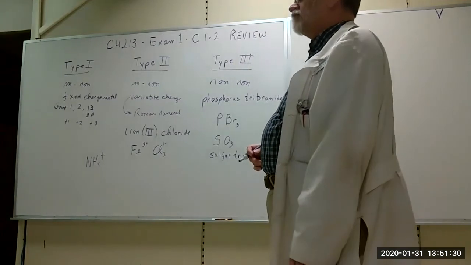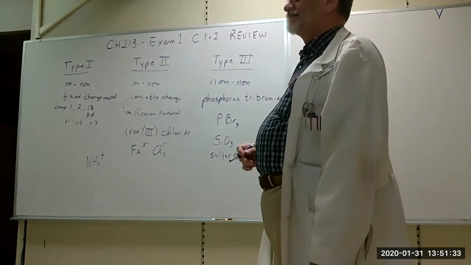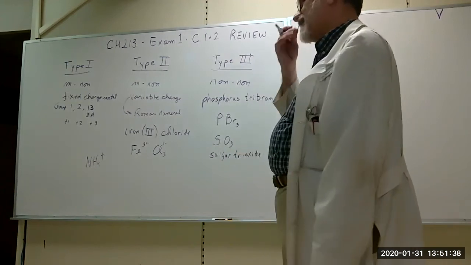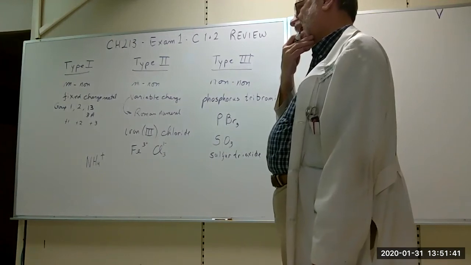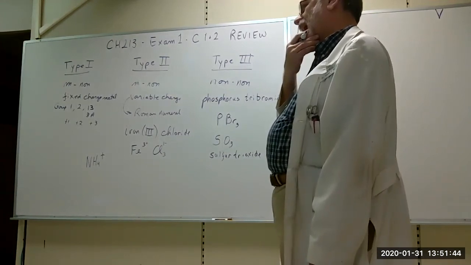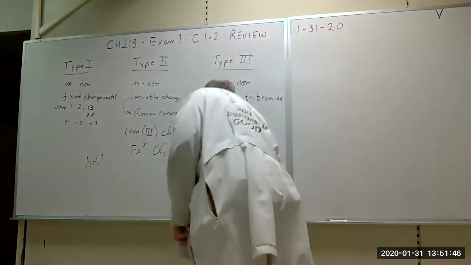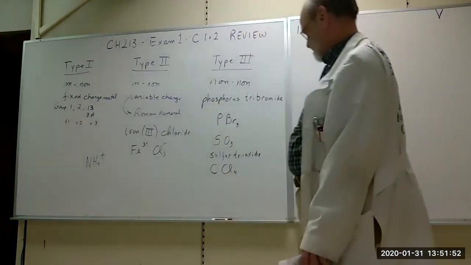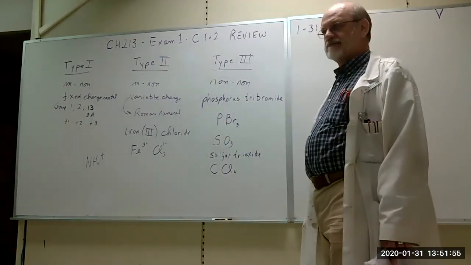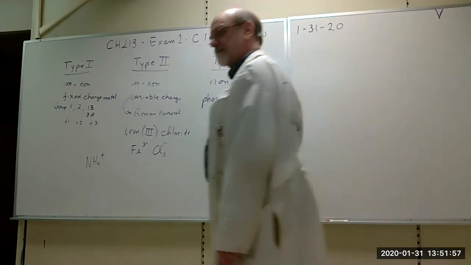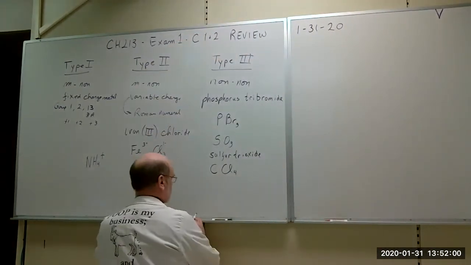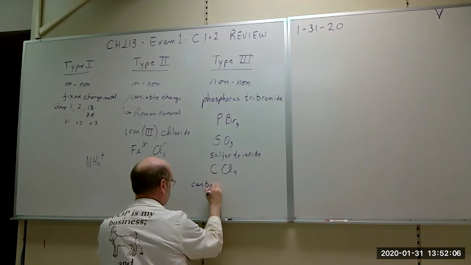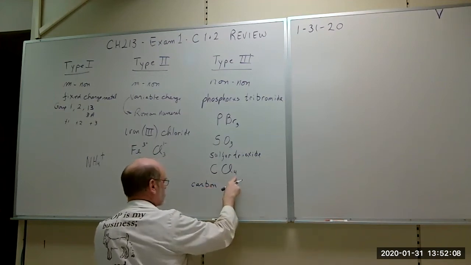How about, okay, how about this one? What do we call that one? We never say mono to begin with. The first one, you just write the one. What's the prefix for 4?